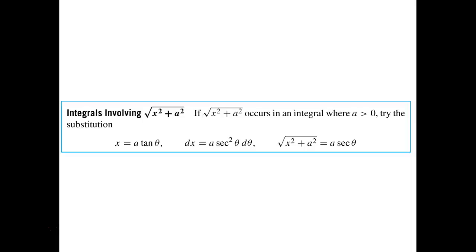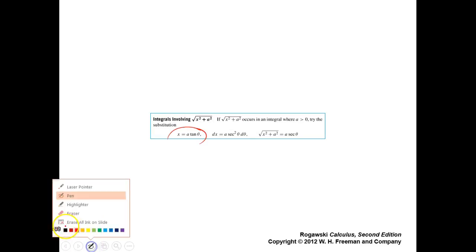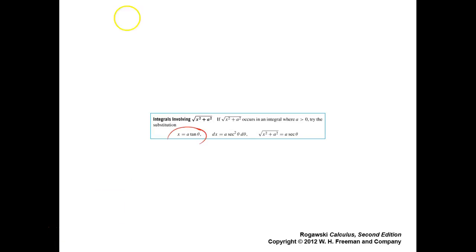And if you do that, let me go on and do it. If you choose this, whoa, goodness gracious, I forgot I have to change the color too. Okay. If you do x equals a tangent theta, then what we have here is x squared.